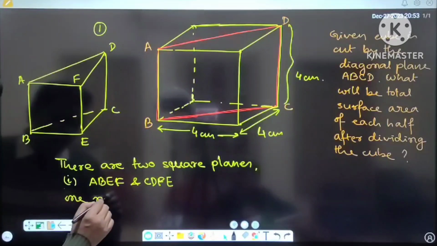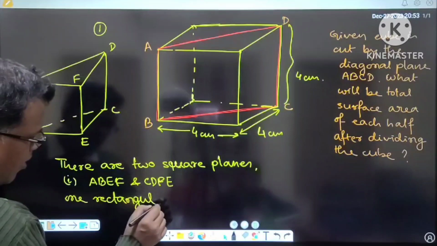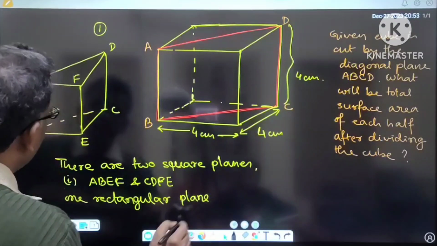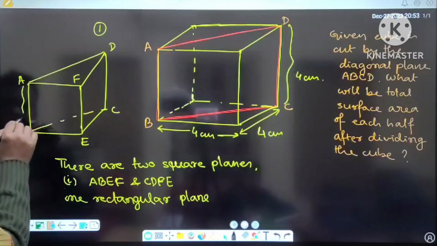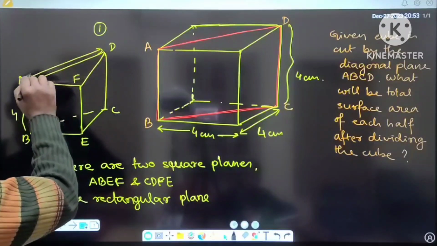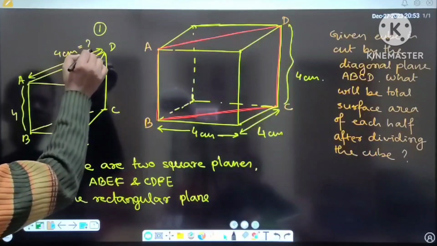One rectangular plane. Why am I calling it a rectangular plane? Because ABCD, definitely this side is 4, right? But this length is not 4. Do you think that it is 4? I don't think so. Is it 4?